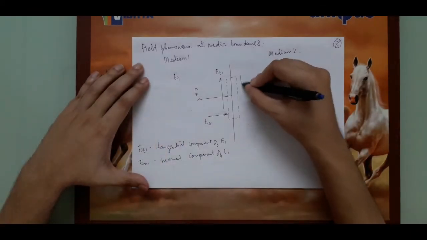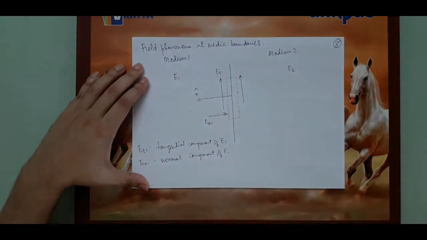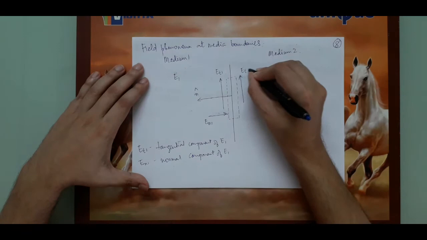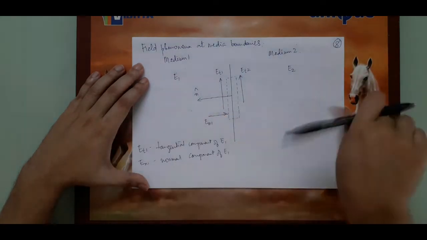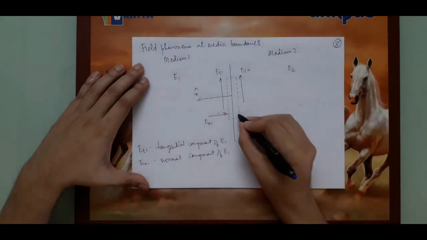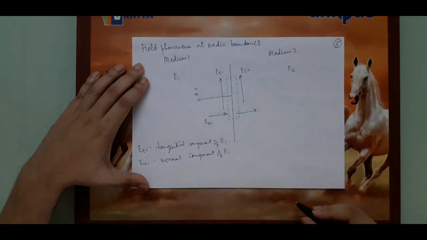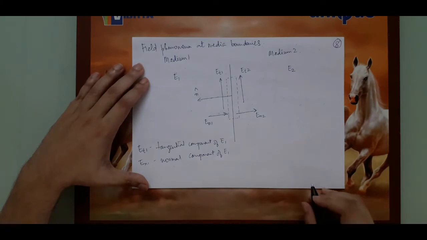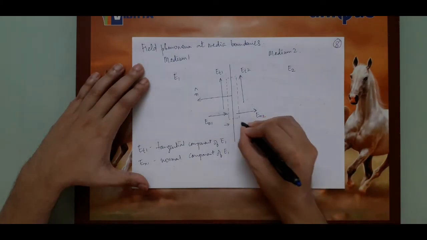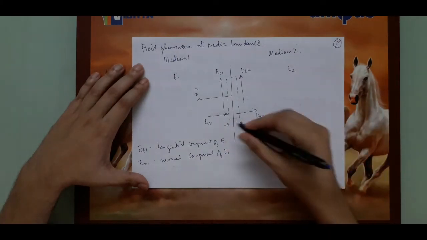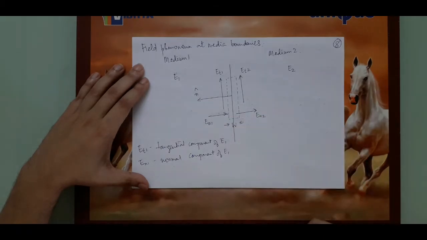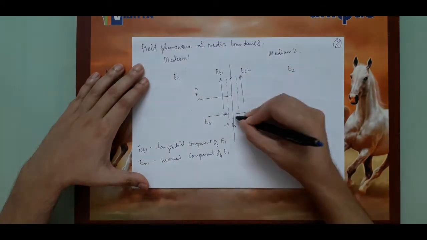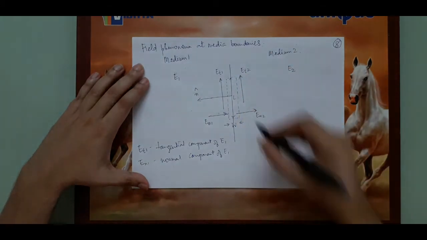Likewise, when E1 becomes E2 in medium 2, let's call this ET2 and, for the sake of continuity, maintain the direction and call this En2. Now, let the width of this rectangle be some W and the length from here to here be some L.